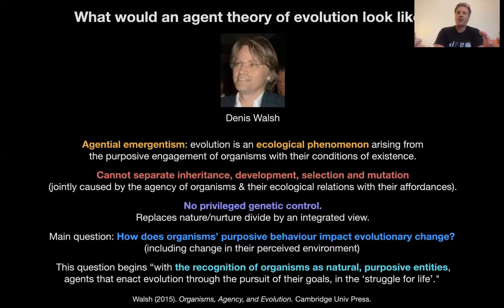Okay. Now the problem is the causal structure. The extended synthesis people always talk about the causal structure of evolution. So this is the causal structure of evolution. It's a gazillion organisms struggling for life. They want to live. They want to achieve their goals. They have their agendas.